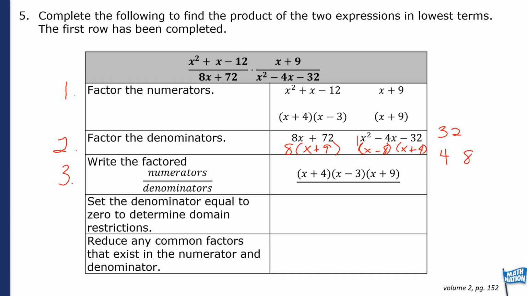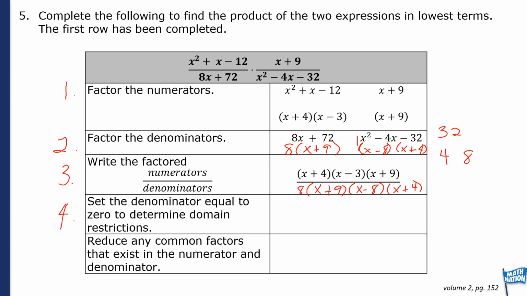So the numerators, x plus 4 times x minus 3 times x plus 9 over our denominator, which we just factored, where we have 8 times x plus 9 times x minus 8 times x plus 4.